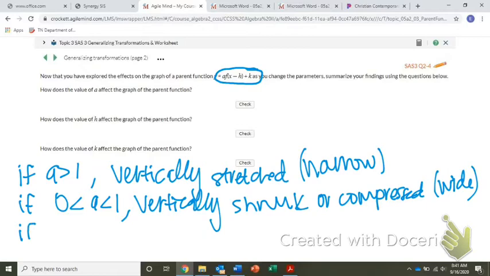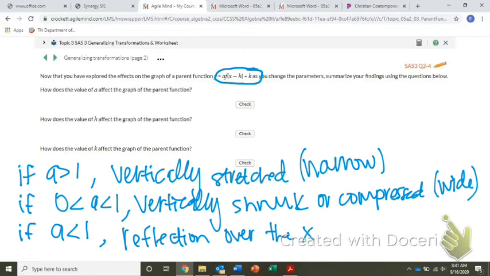Now, if A is less than 0, meaning it is negative, it's a reflection over the x-axis.